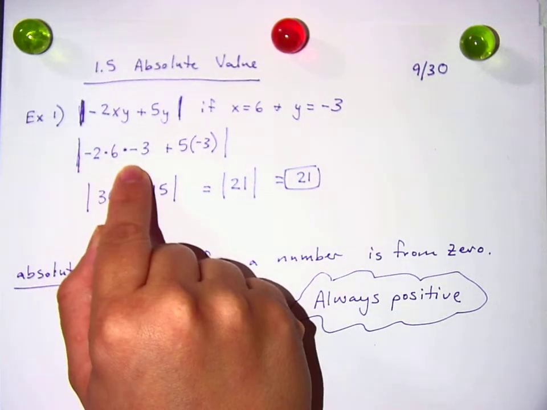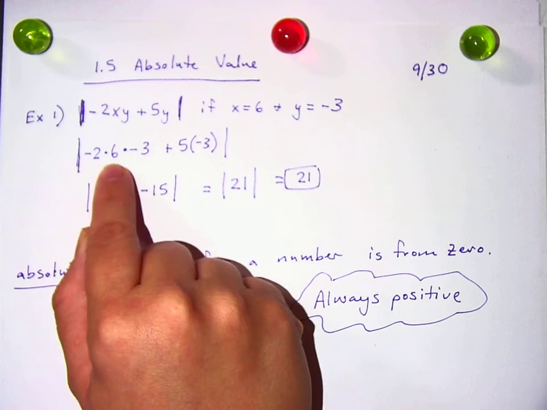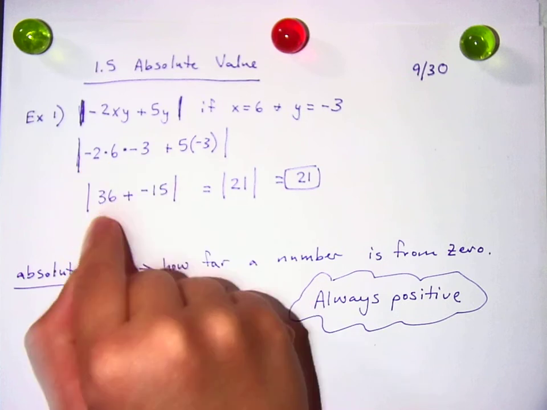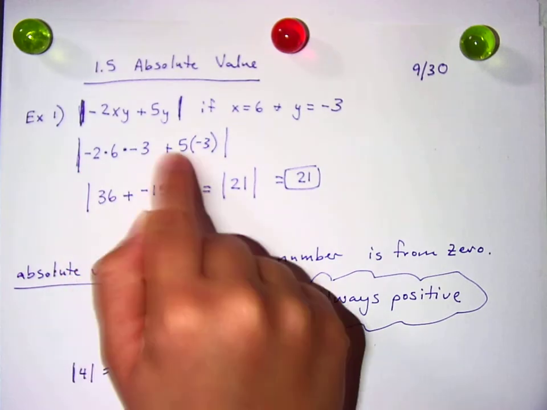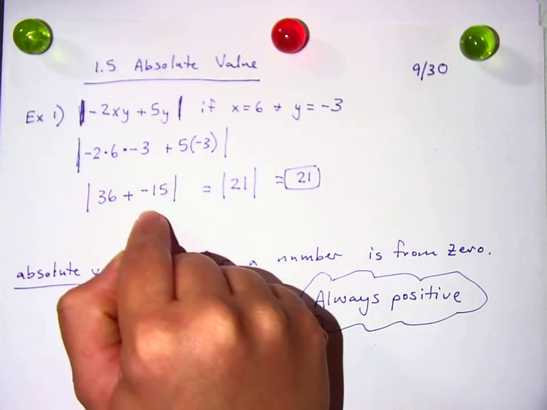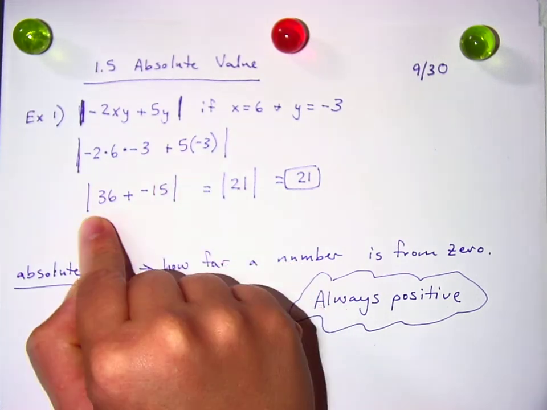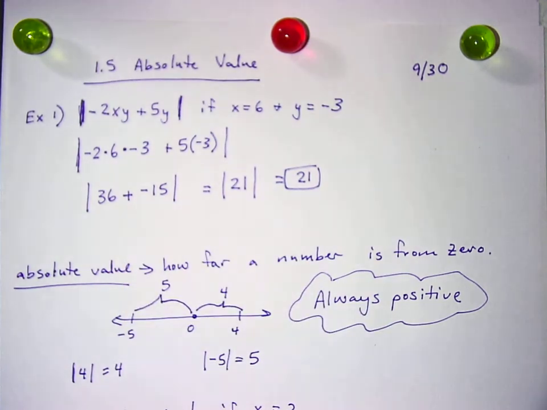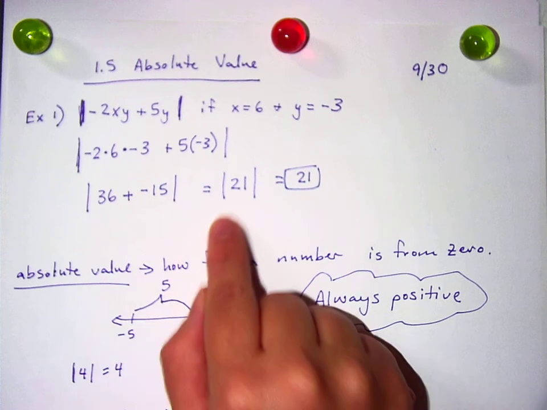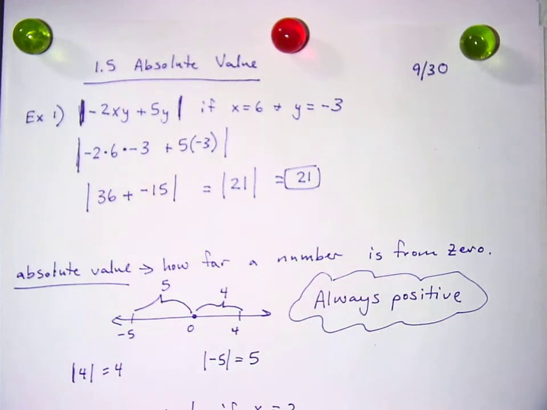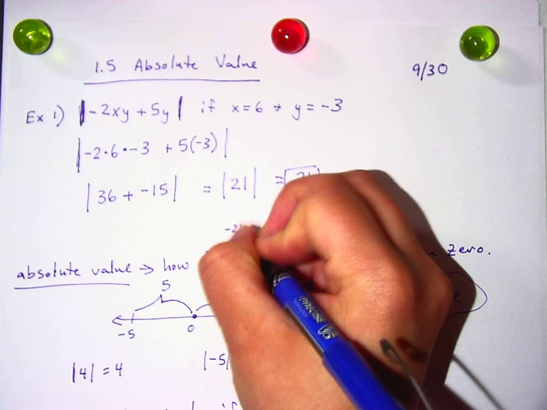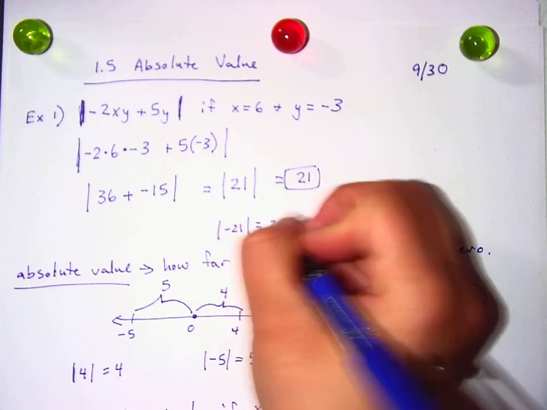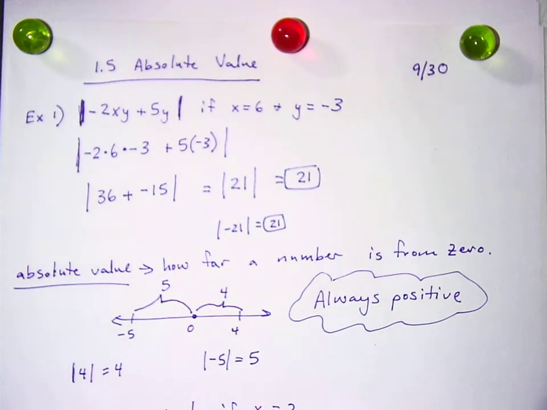A negative times a negative makes a positive. 2 times 6 is 12, and 12 times 3 is 36. And here this is 5 times -3, which is -15. If you take 36 and you add -15 to it, you get positive 21. So the answer is the absolute value of 21, which is still positive 21. But remember, if this had said -21, which it doesn't in this problem, it would have also been positive 21. All right, make sure you pause it if you need more time because I'm about to move on.